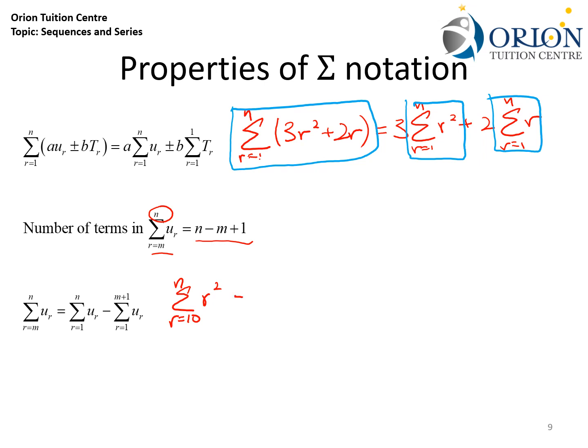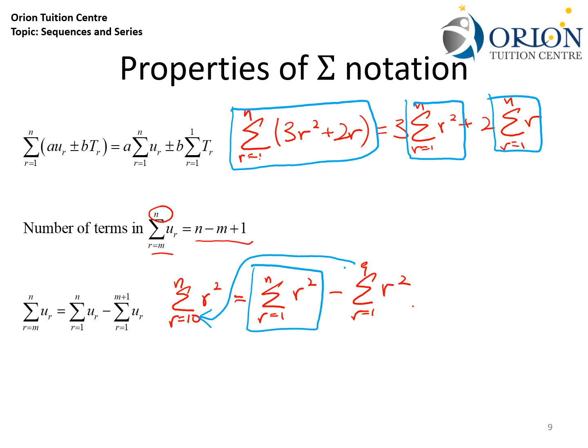Hence, I can change this into summation of r equals 1 to n of r squared minus summation of r equals 1 to 9, which is one term before our actual starting point of r squared. And thus, we can apply the standard formula to evaluate both of these to give us the required summation.